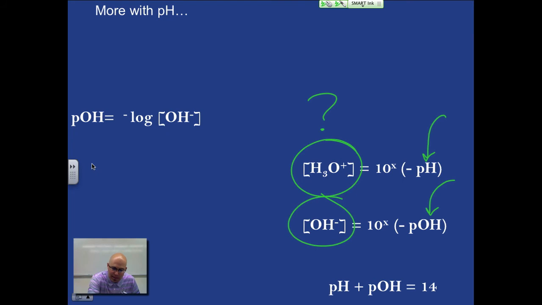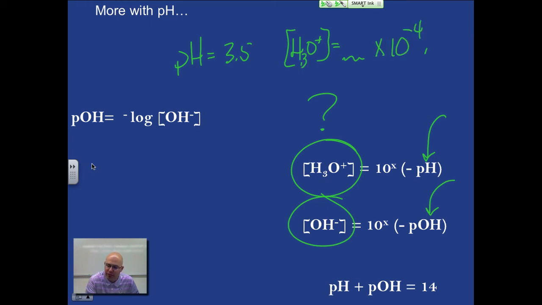And again, let's think about it. If I have a pH of 3.5, then my H3O plus ion concentration is going to be something times 10 to the negative 4. And I hope you recognize that, so when you do type it into your calculator, if you don't get that negative 4, then you know that you probably did it incorrectly.